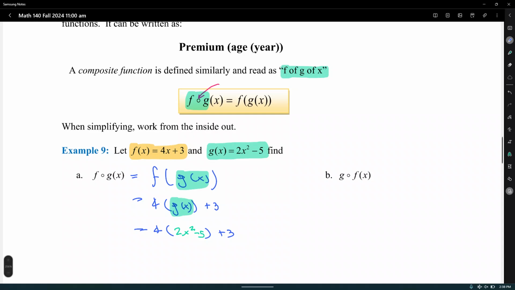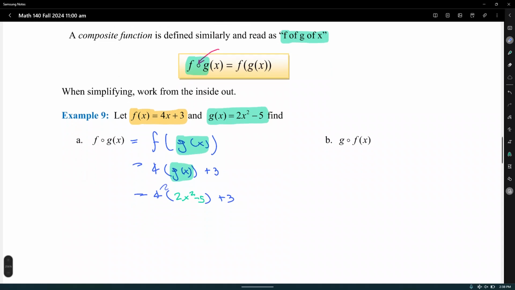We just replaced it with the actual function. All we do is distribute the 4, that is 8x squared minus 4 times 5, which is 20, plus 3. If there are any like terms to combine, we combine them. In this case, negative 20 plus 3 equals negative 17.